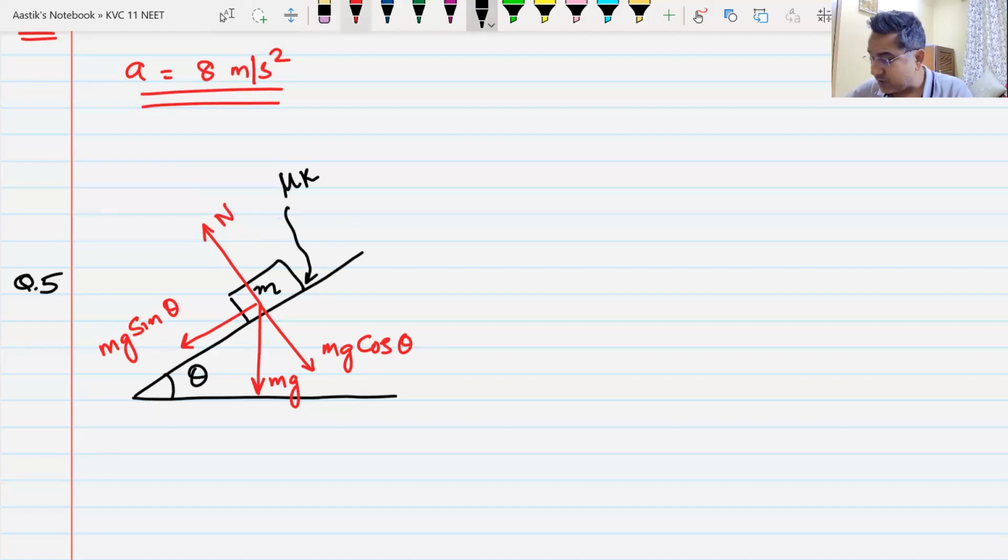Now friction will try to oppose the motion, so the frictional force will act backwards, Fk. Can anyone tell me the value of this Fk? This kinetic friction, what is its value?